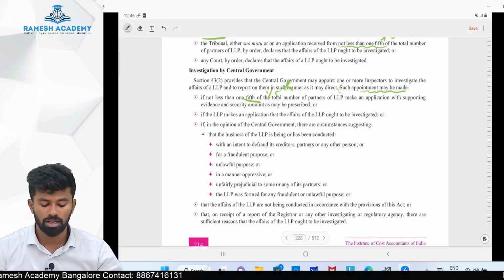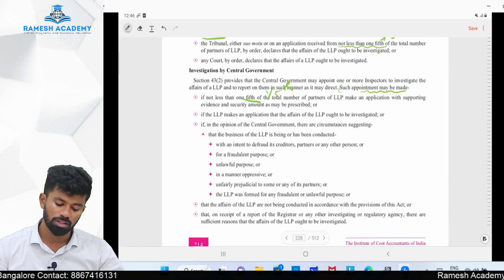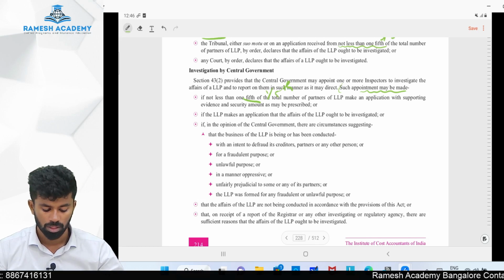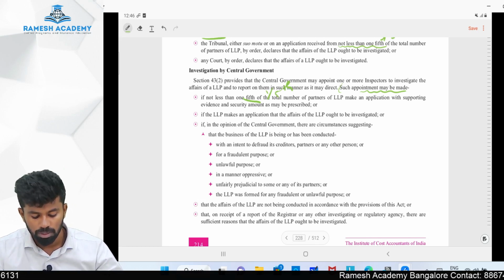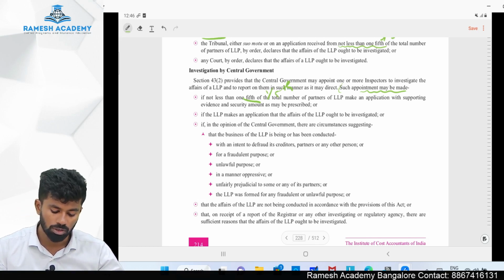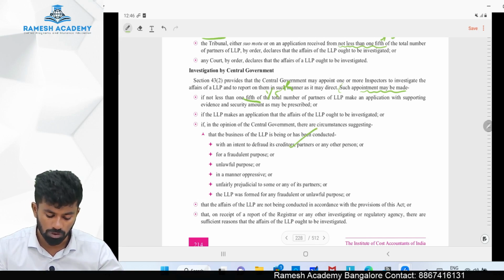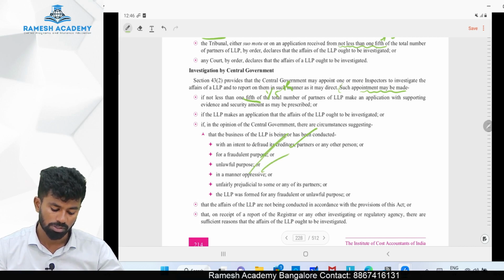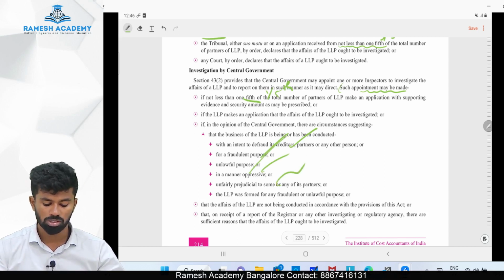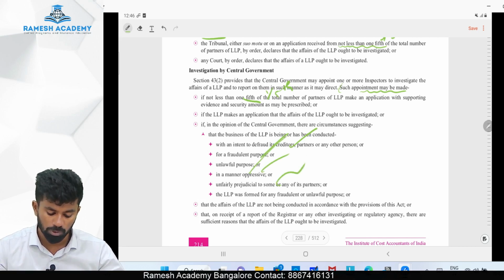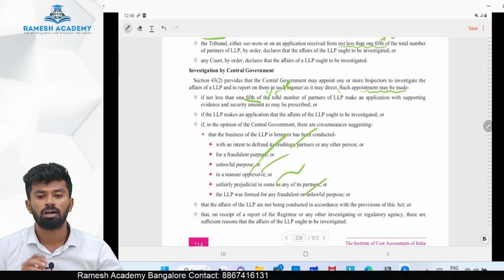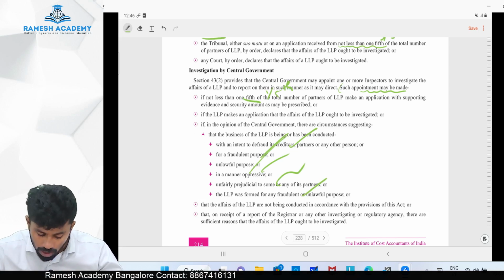If the LLP makes an application that affairs of the LLP ought to be investigated, or if in the opinion of central government there are circumstances suggesting that the LLP is carrying on the business with the intent to defraud its creditors, for fraudulent purpose, unlawful purpose, in a manner which is oppressive or unfairly prejudicial to some or any of its members, or the LLP was formed for any fraudulent or unlawful purposes, then the central government may order for what?